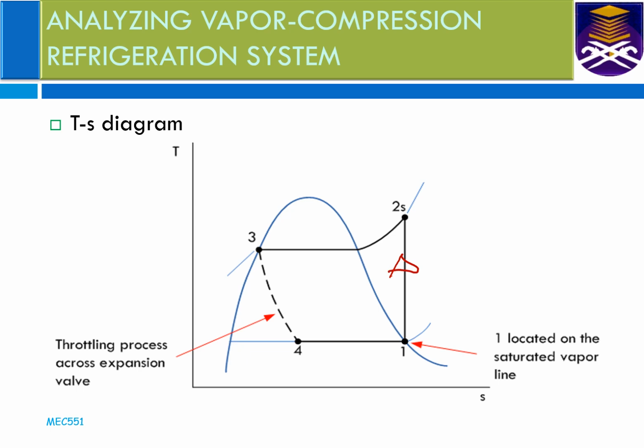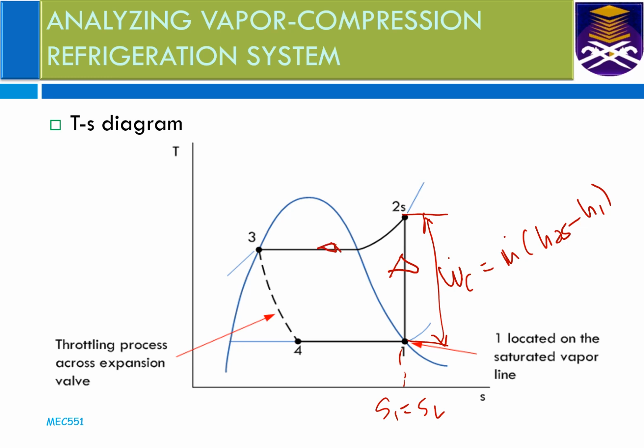So process 1 to 2 is an isentropic process where S1 is equal to S2. The power input here is WC, which is equal to m dot times (H2S minus H1). Then 2S to 3 is the heat rejection from the condenser to the surrounding, QH, which is m dot (H3 minus H2S).